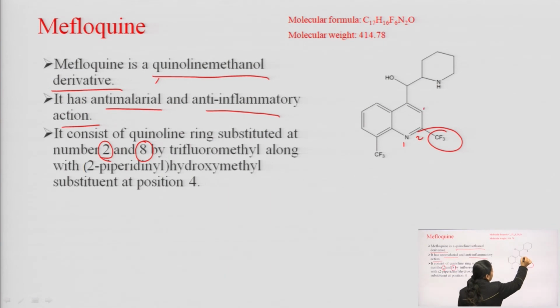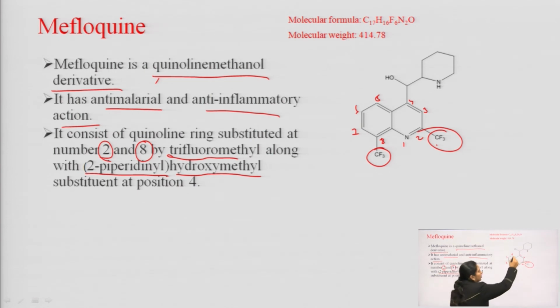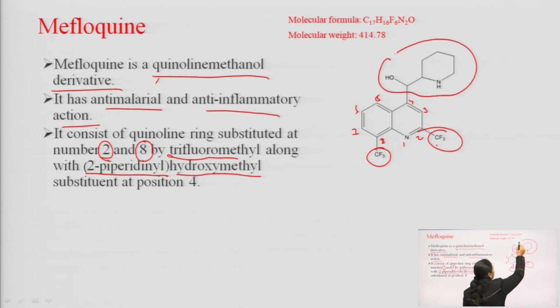Counting 1, 2, 3, 4, 5, 6, 7 and 8, we see that at the 8th position and the 2 position there is a substitution of trifluoromethyl. Along with that, we see the addition of a 2-piperidinyl hydroxymethyl substitution at position 4.